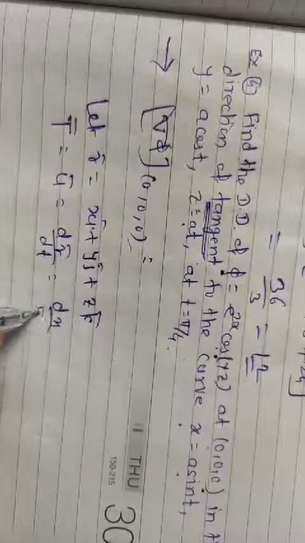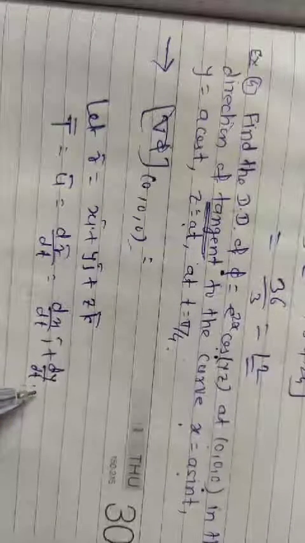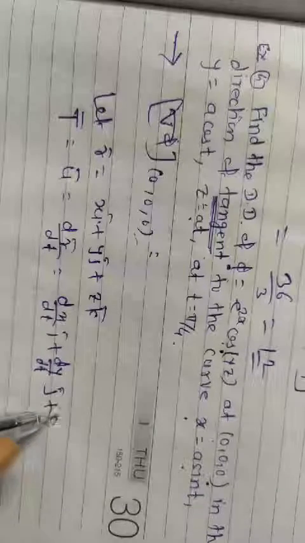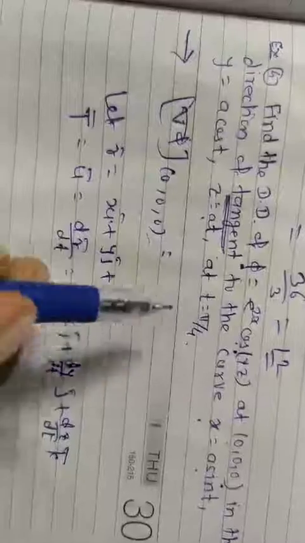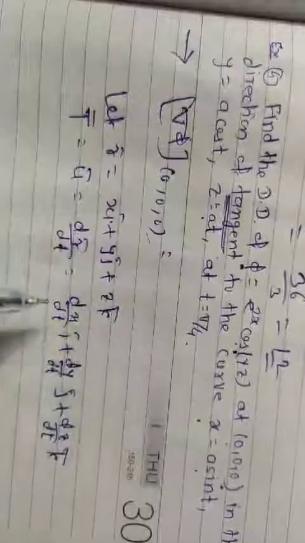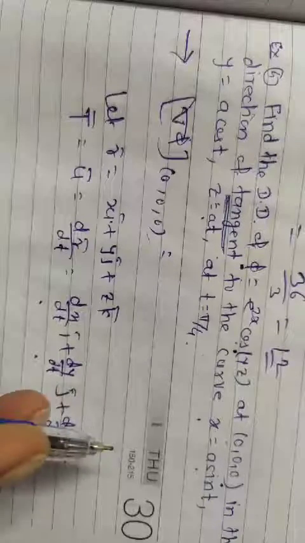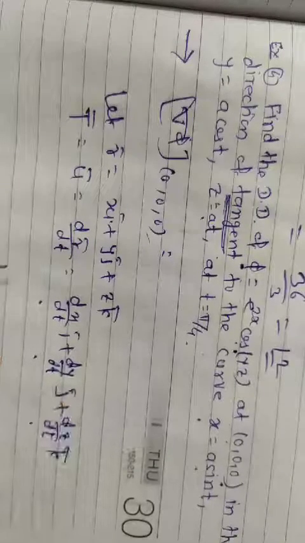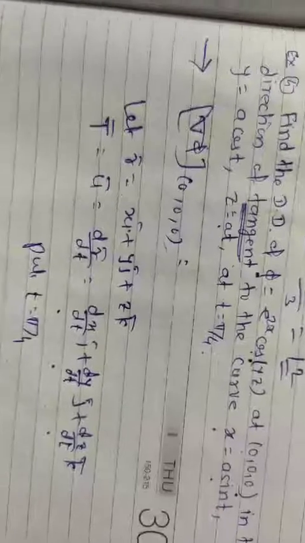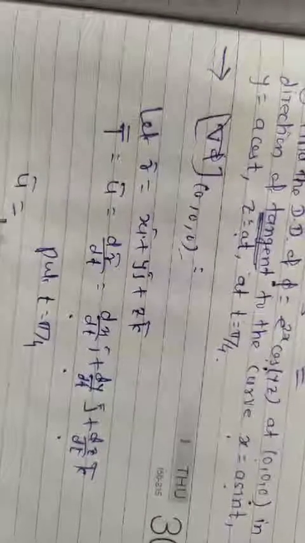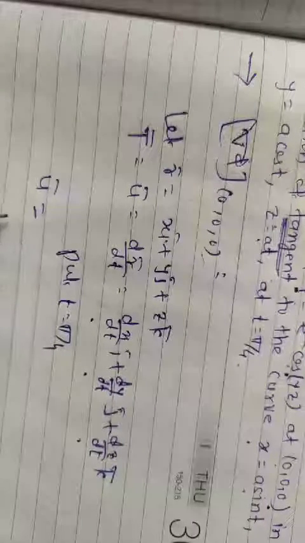Take dx by dt into i bar plus dy by dt into j bar and plus dz by dt into k bar. Now x, y, z are given in the problem, so find dx by dt, dy by dt, dz by dt in terms of t, and finally put t equal to pi by 4, then we get the vector u bar equal to something.